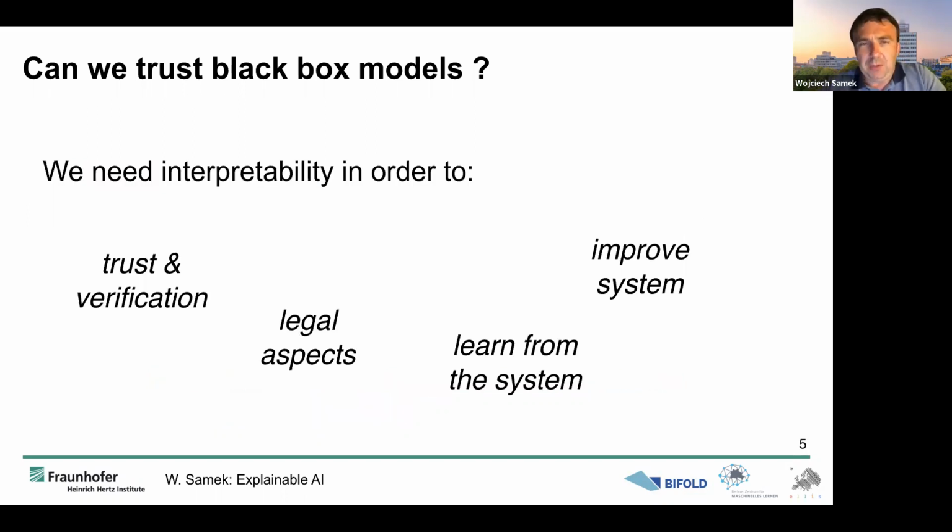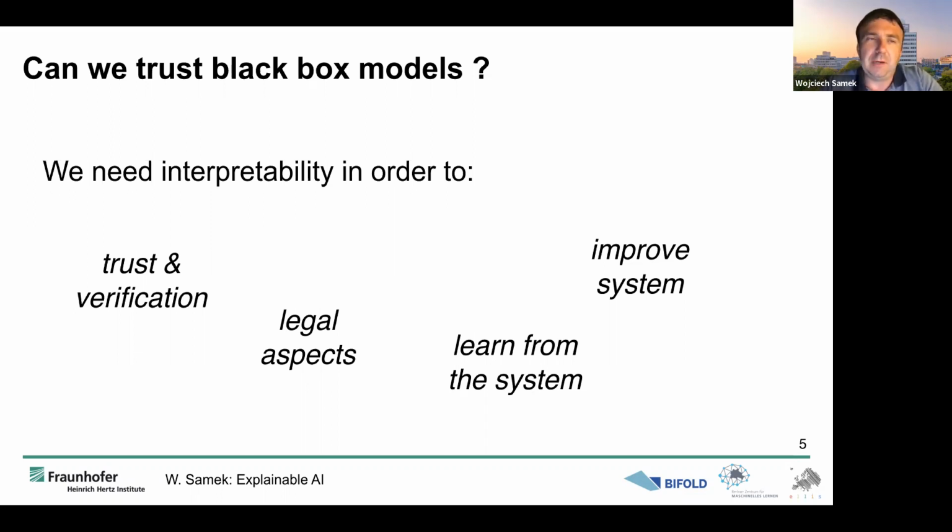There are many reasons why you may want to interpret your models and your predictions. The first reason I already alluded to is trust. Especially in medicine and some applications where misclassification is not an option, you may want to have a second check on your prediction.